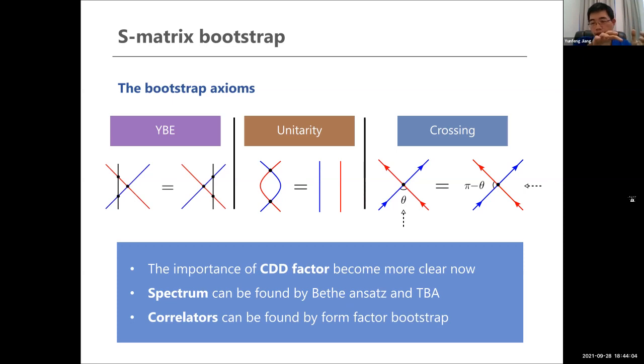Your theory is most probably no longer well defined as a local quantum field theory. It's some TTbar deformed theory. So in this sense, at least the meaning of TTbar deformation is more clear. Okay, I see.